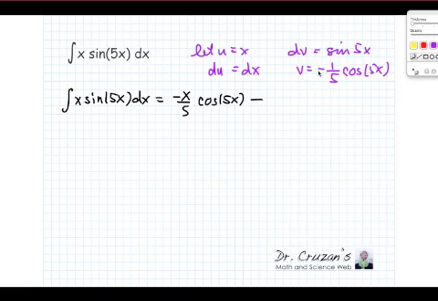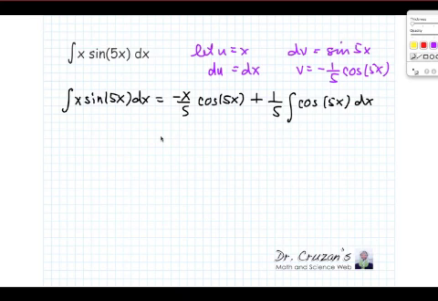Well, let's see, this already has a negative sign here, so I'm going to change that into a plus then, and I'll put the 1/5 outside, integral, and then it's just going to be cosine 5x dx. Okay, so what that's done for us is divided this integral into just a non-integral term and an integral that we can do by regular substitution, just like we did this one here.